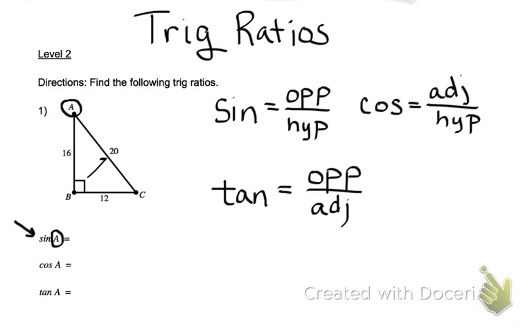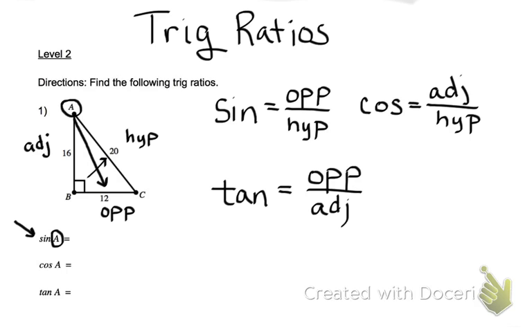My hypotenuse is always the side across from the right angle, so I'm going to label that. Across from angle A, if I draw an arrow all the way across through the triangle, that's going to be my opposite side. And then my adjacent is the last side.